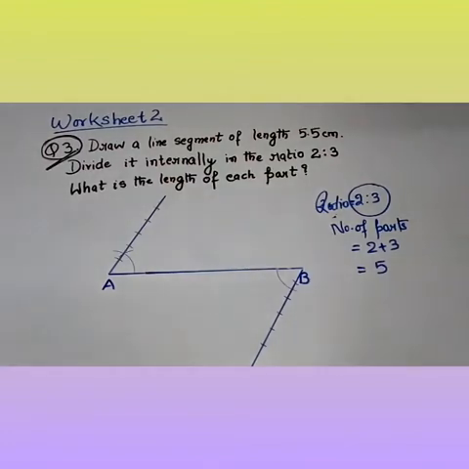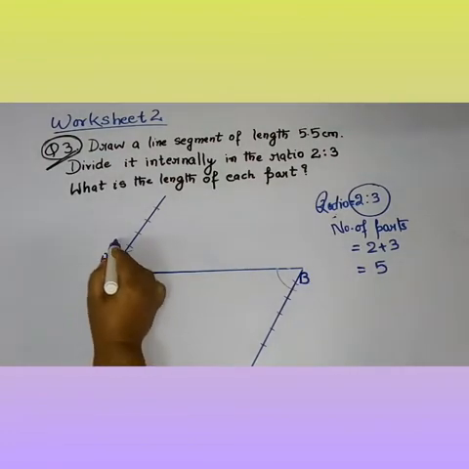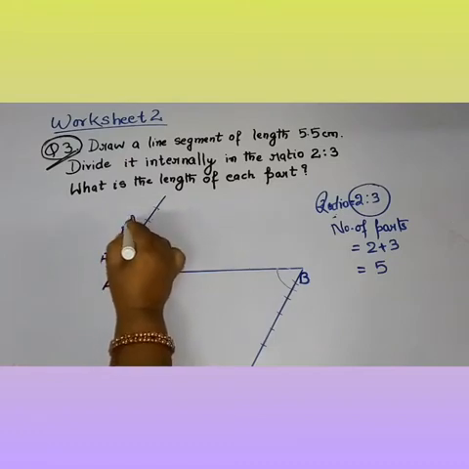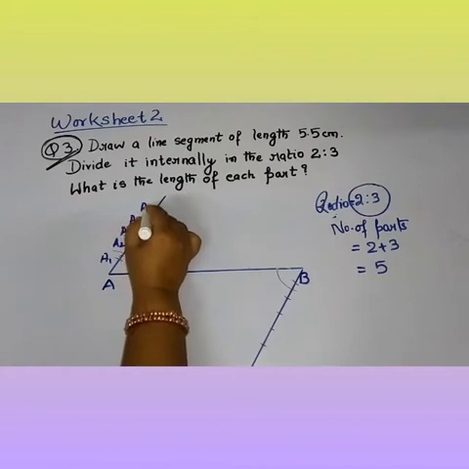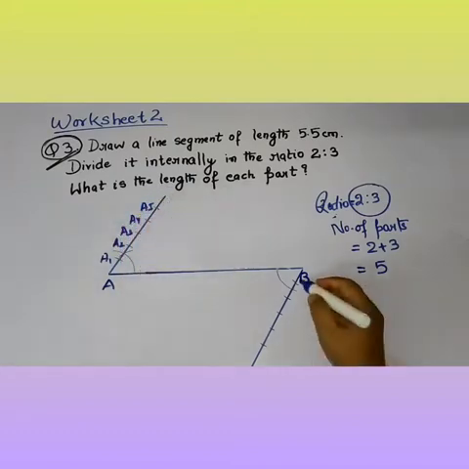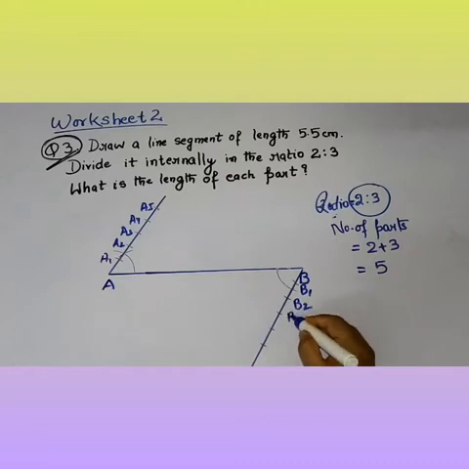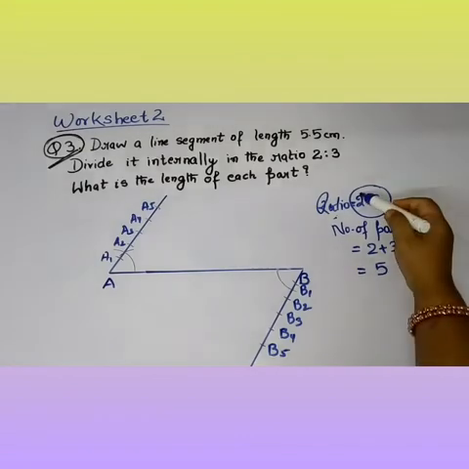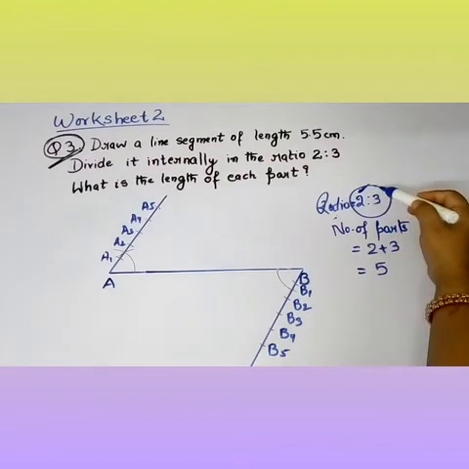Let's name it. So this will be A1, A2, A3, A4 and A5. B1, B2, B3, B4 and B5.